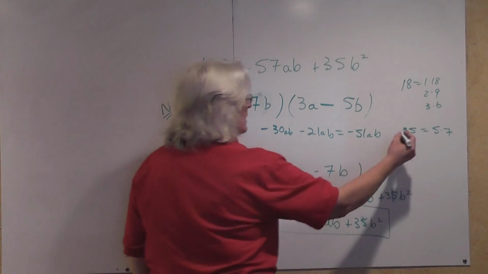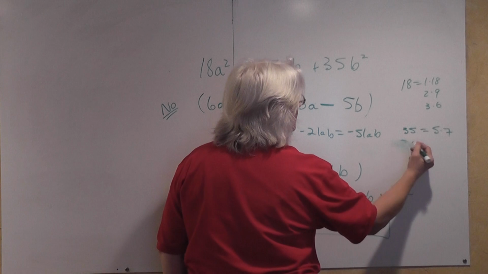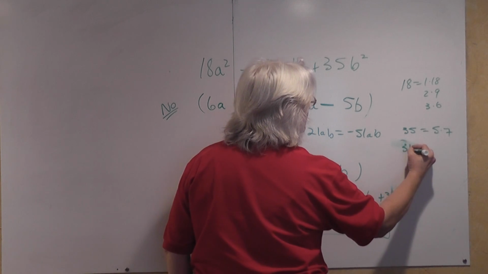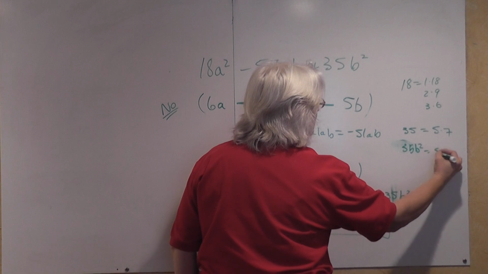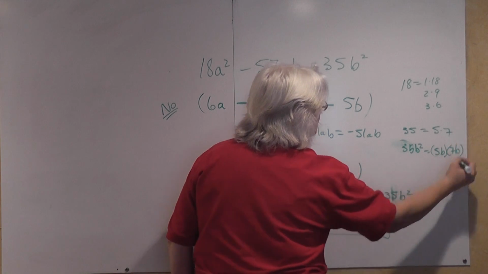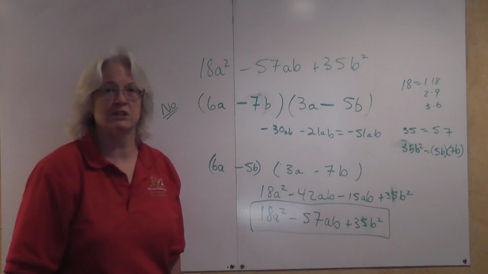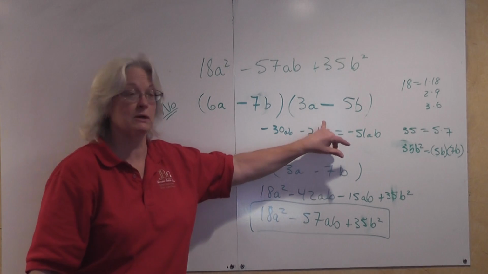If I had taken the time to say 35b squared, 5b times 7b, I would have been much less likely to slip into that little error where I was using x's.